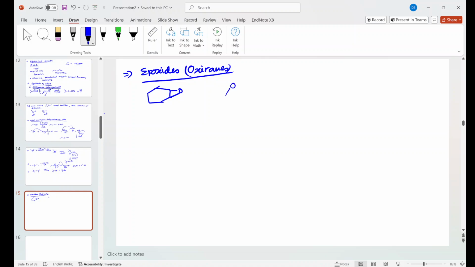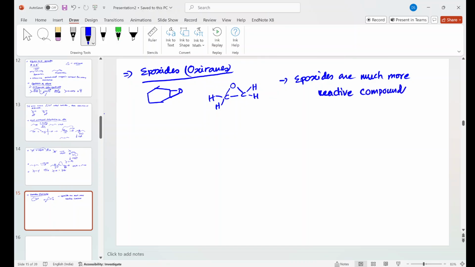If you look carefully, epoxides are much more reactive compounds. Okay. How can you form an epoxide?